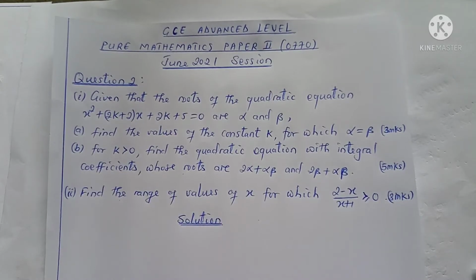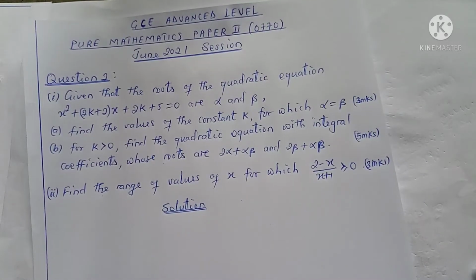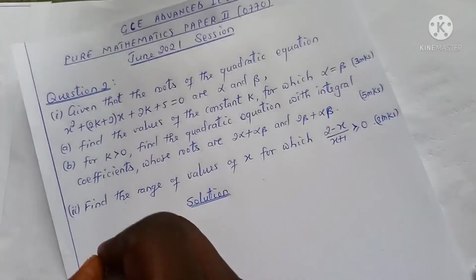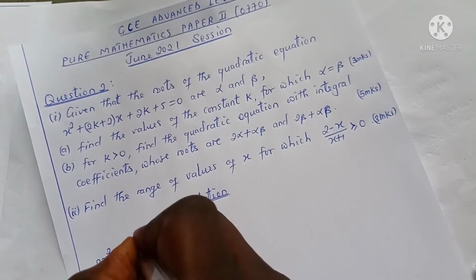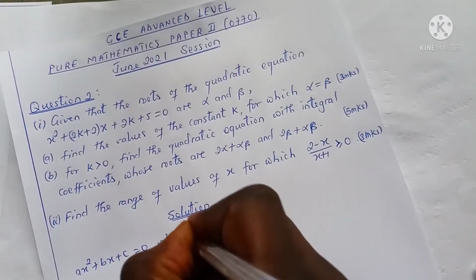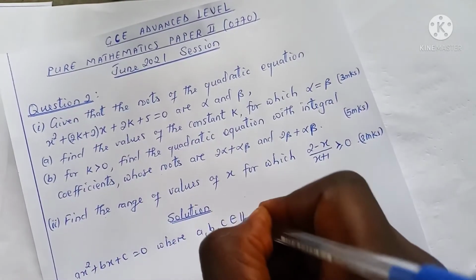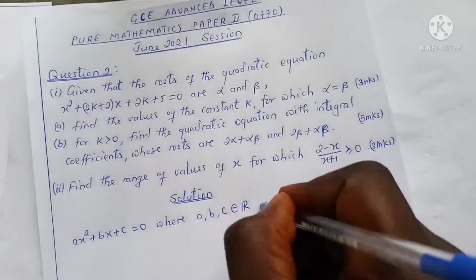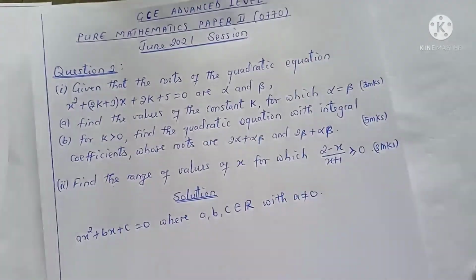Good. Before answering this question, let's recall this. We know that a quadratic equation is any equation of the form ax squared plus bx plus c equal to 0, where a, b, and c are elements of the set of real numbers with a not equal to 0.